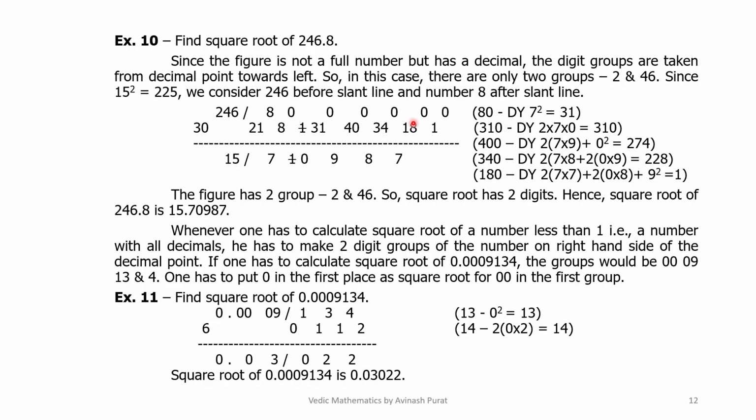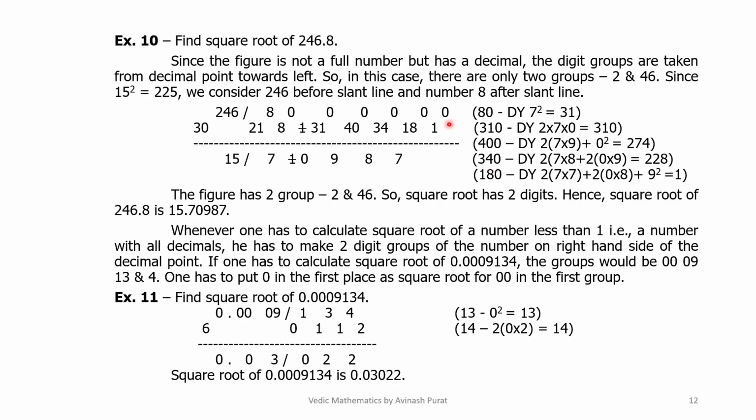Next dividend is 180. Dvandva yoga is 2 into 7 into 7 plus 2 into 0 into 8 plus 9 square. So 49 into 2 is 98 plus 81, that is 179. 180 minus 179 is 1.